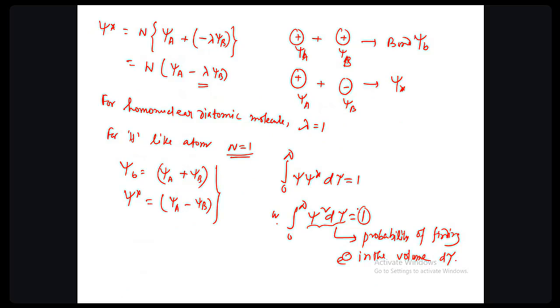Now we try to show how the MOs are formed, which is very important because sometimes MCQ questions ask which is the correct MO for bonding and which is the correct MO for anti-bonding. So now, formation of bonding and anti-bonding MO.